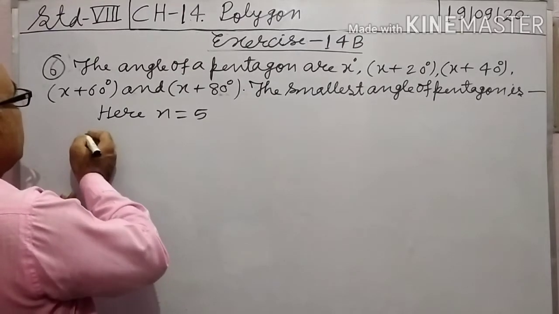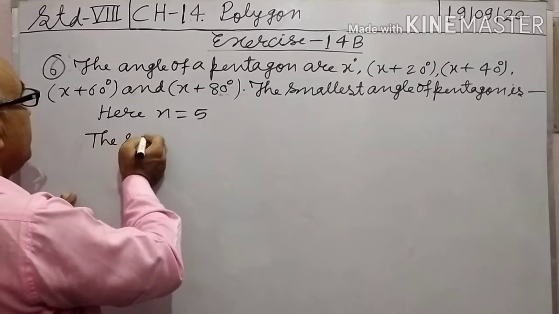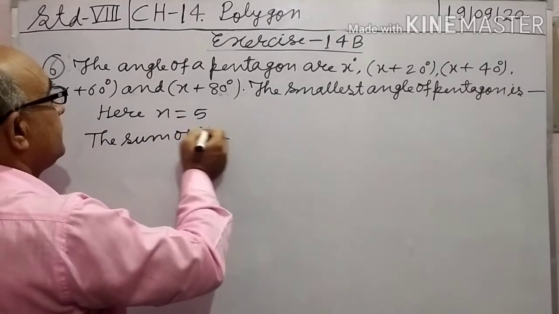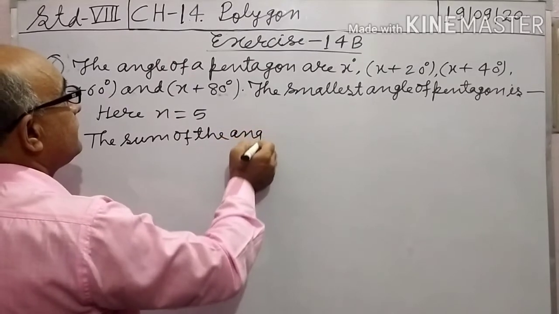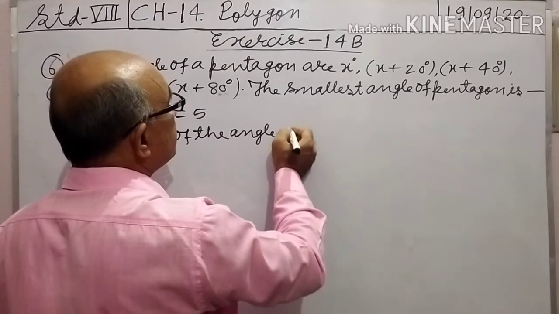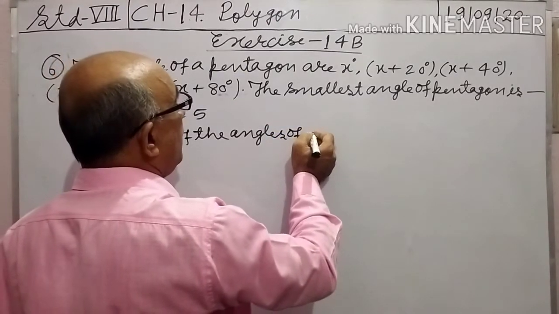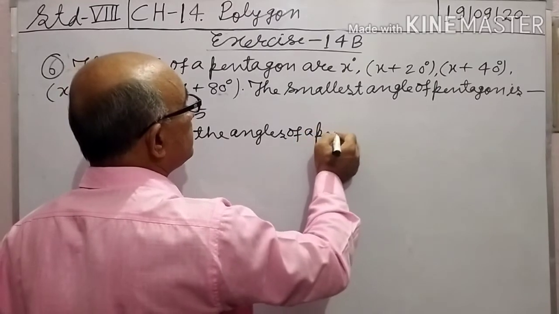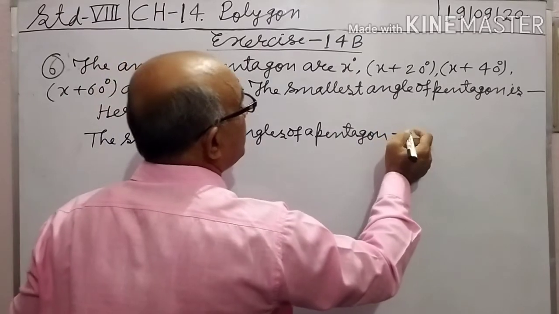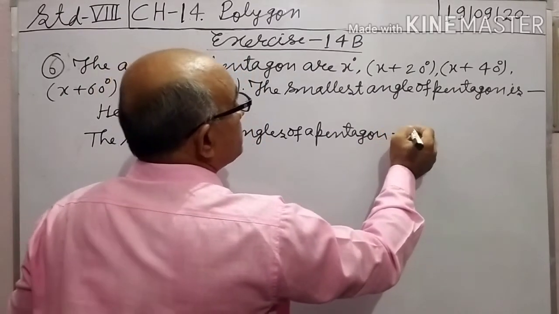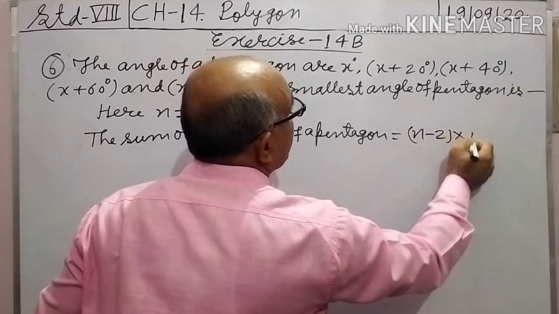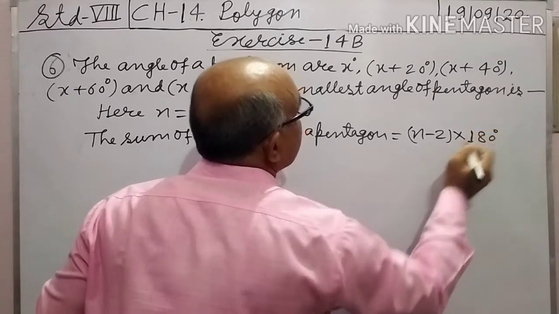Now the sum of the angles of a pentagon equals n minus 2 into 180 degree.